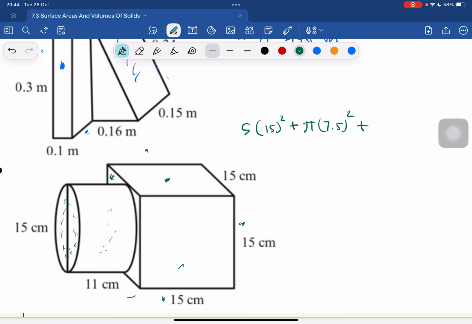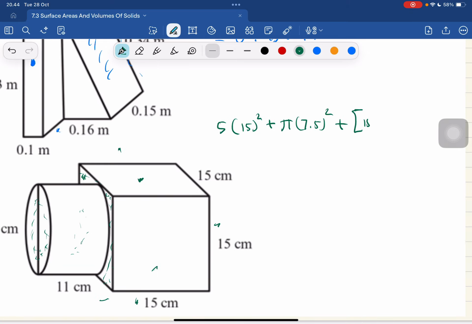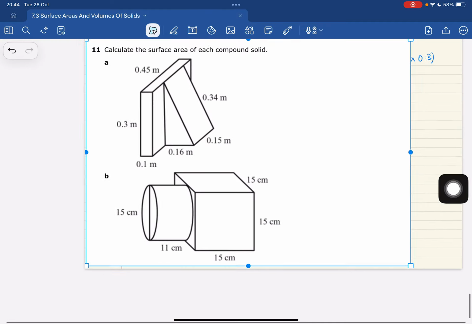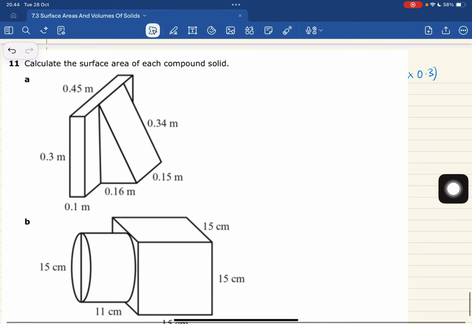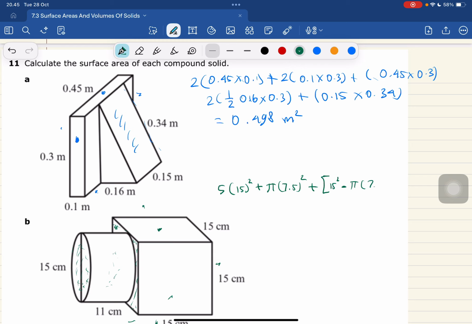How do we know this area? So this basically is like here, the square, 15 squared, we subtract this circle area. So pi multiplied by 7.5 squared.